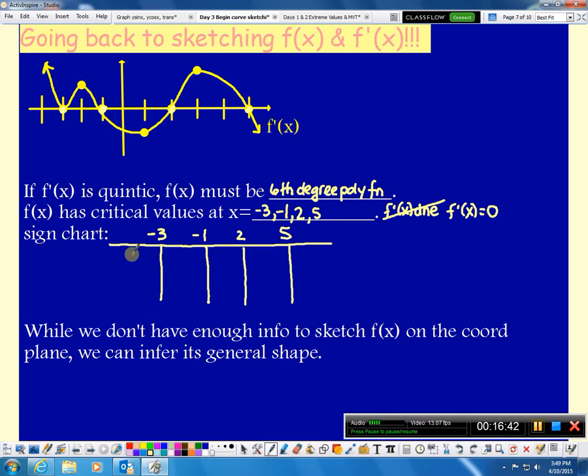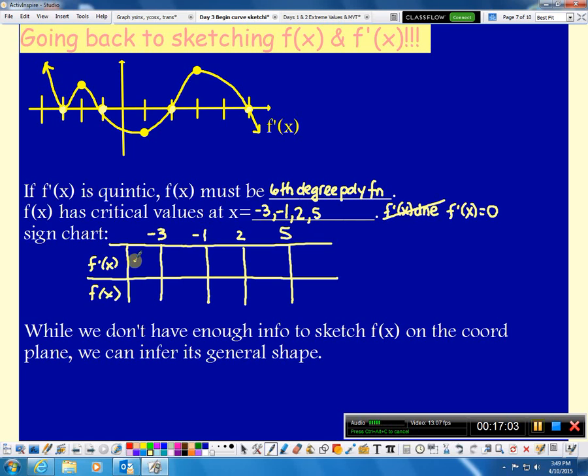Before x equals -3, right here, I see that f'(x) is positive. Between -3 and -1, right here on the graph, f'(x) is positive.